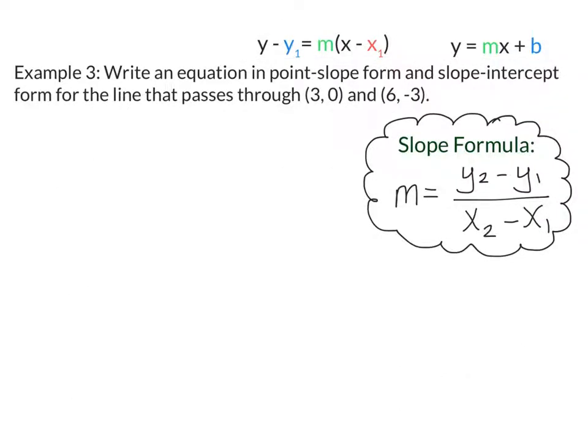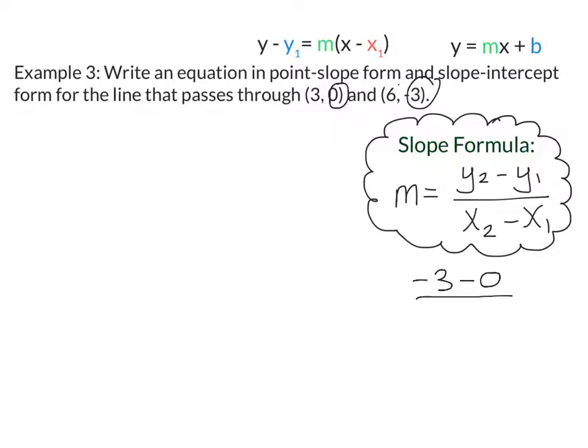Okay, so for example 3, it says write an equation in point-slope form and slope-intercept form for the line that passes through (3, 0) and (6, -3). First we have to find the slope. So I'm going to write negative 3 minus 0. So I just use my y2 minus my y1.